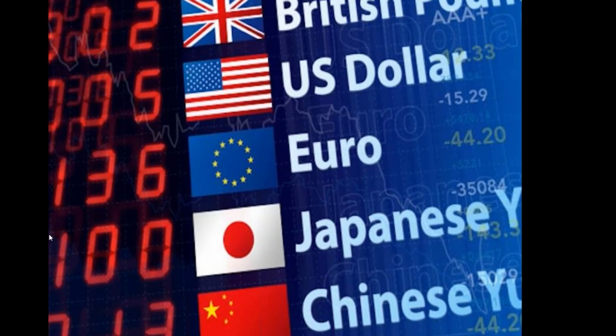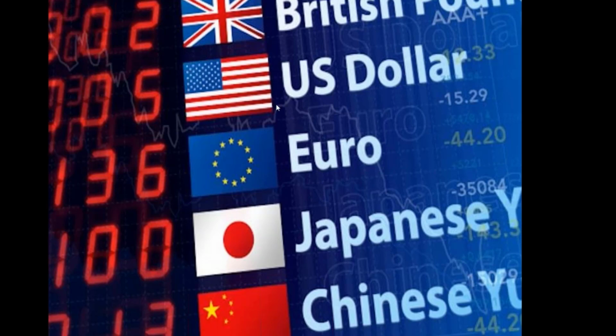What else is important to mention? How it works. As said, we have the base currency, which is the first one, and the quote currency, which is the second one. And now the price that comes is called bid and ask. So you have the first price and the second price that the broker gives you. So if you want to trade, you will get two prices.